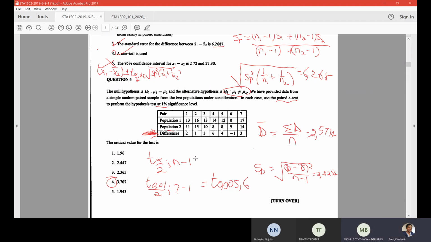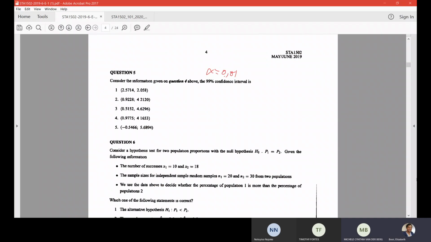Yes. Okay, so now we're going to calculate the mean plus or minus our critical value, t alpha divided by 2 with the degrees of freedom, multiplied by the standard error, which is your sample standard deviation divided by the square root of n.